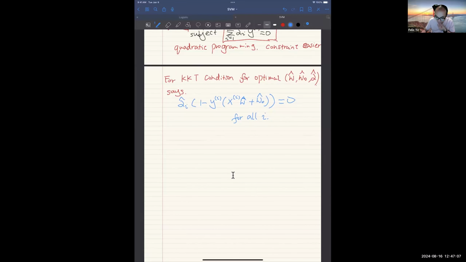And then the most important part is, for alpha i hat not equal to 0, that implies this right here.